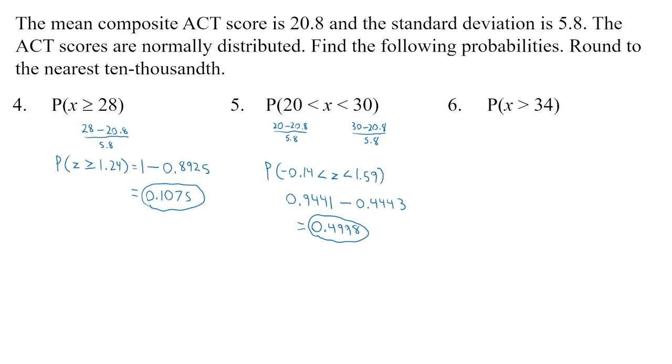All right, number 6, you're looking for the probability of scoring above 34. So the first thing you do is convert 34 into a z-score.